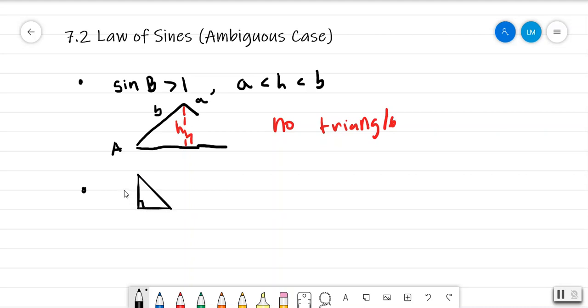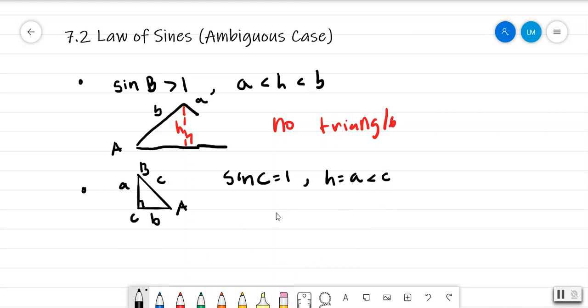So if you're dealing with a right triangle, then you have A, B, and angle A, angle B, angle C. In this case, the sine of C is equal to 1, and the height is equal to A, which is going to be less than, we'll just say less than B. Actually, that should be less than C, because you want that to be less than the hypotenuse.